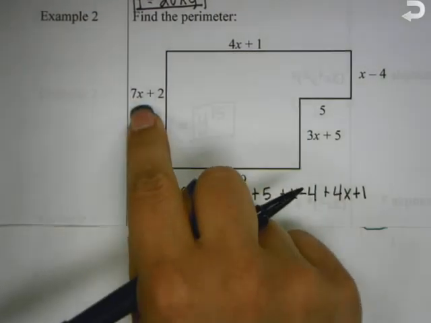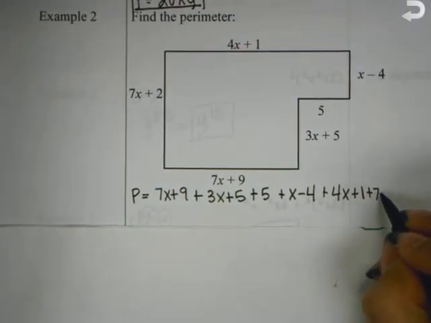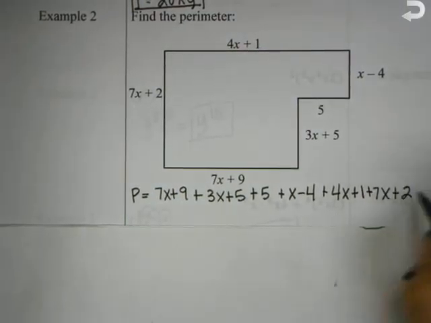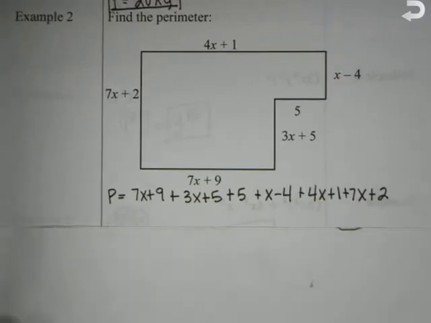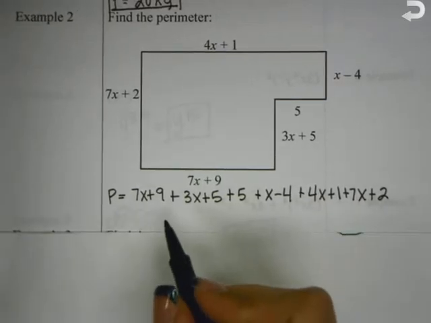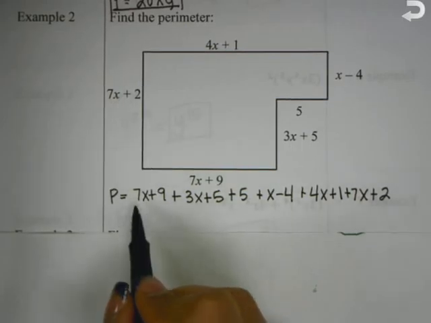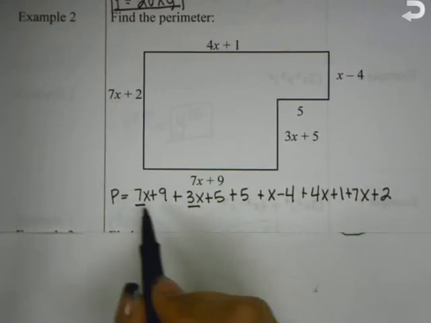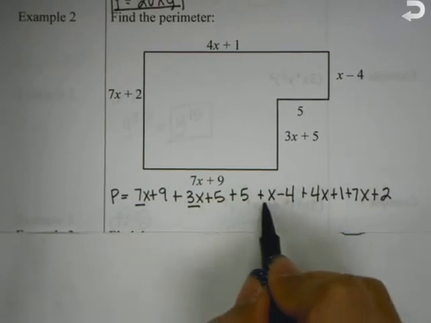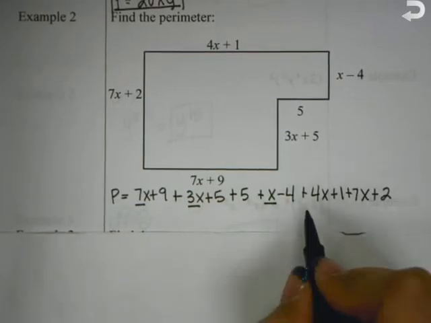Okay, now what do I want to do? Like terms. Very good. I want to combine like terms. So let's do all the x's first, okay? I'm going to underline each x. 7x plus 3x gives me 10x plus 1x, 11x plus 4x, 15x plus 7x, 22x.